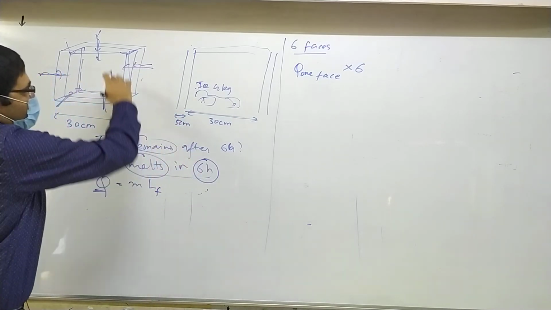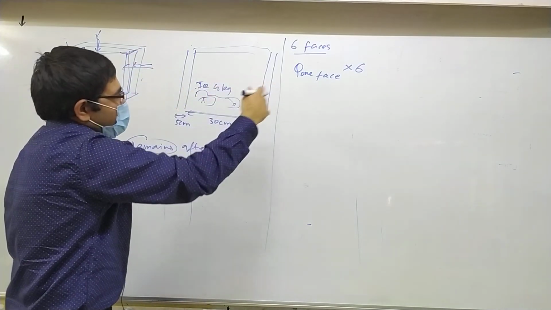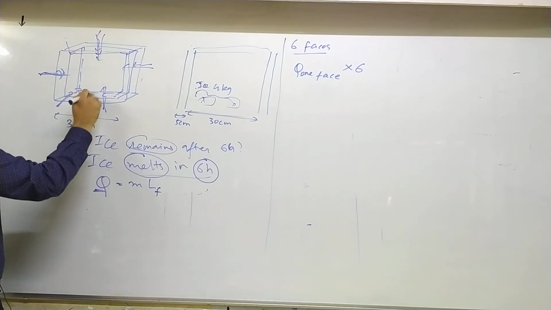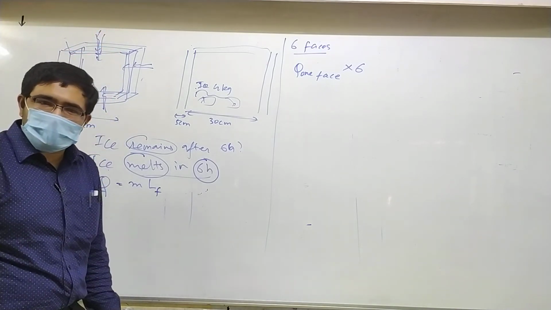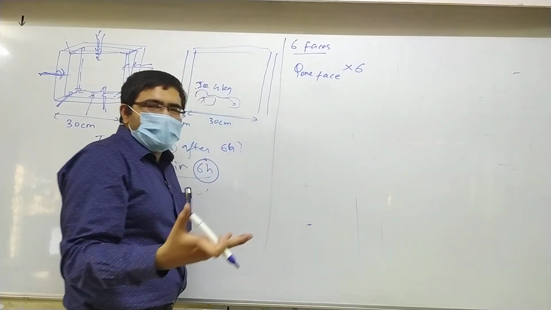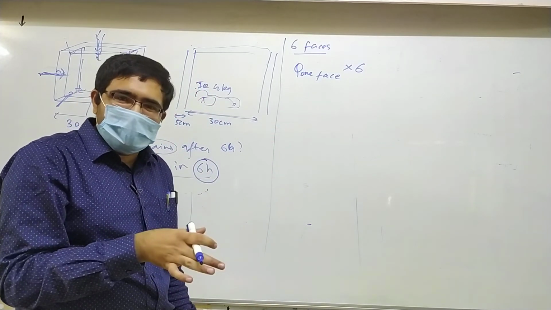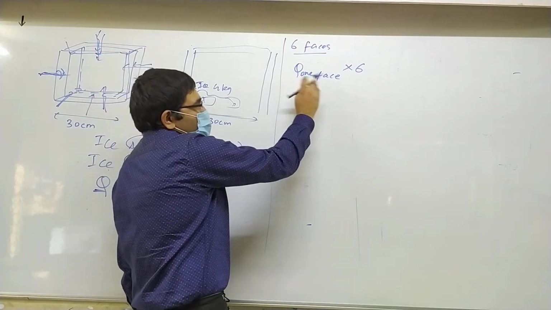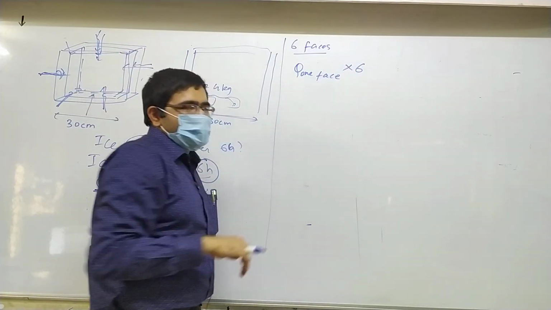For one face, whatever heat flows, if we multiply it by 6, because heat is actually going to flow from all the 6 faces. So this is our plan. Instead of worrying about being in parallel, which would give the same result, find Q for one face and then multiply it by 6.